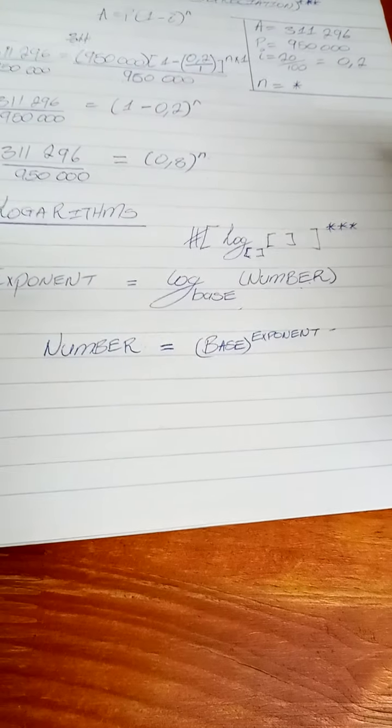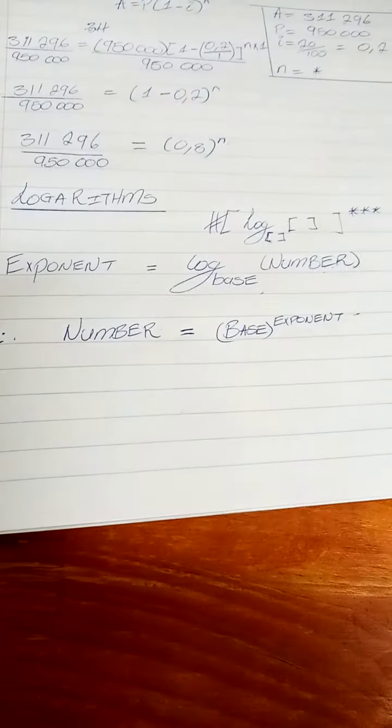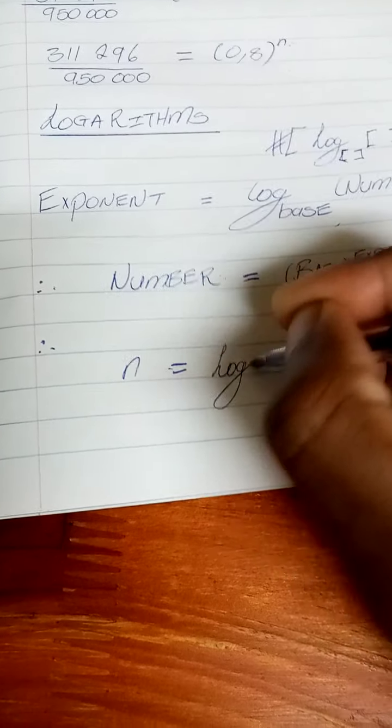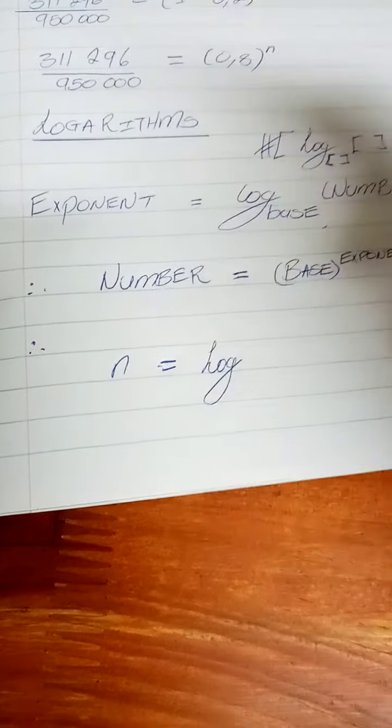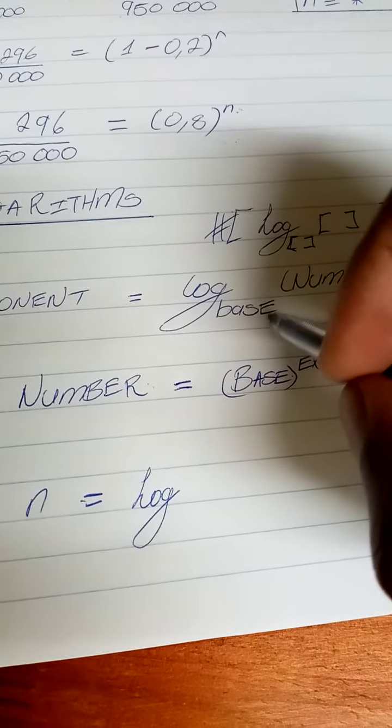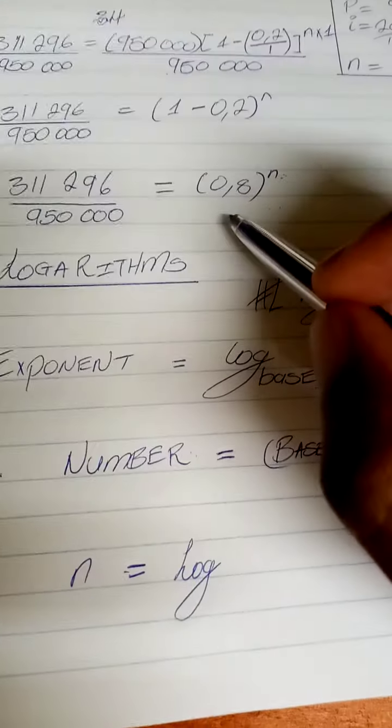That's how you find n. Therefore, n is equal to log, the base, oh yeah, it is right here. The base was 0.8.